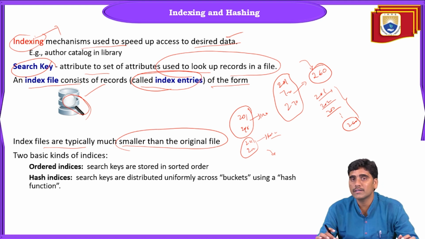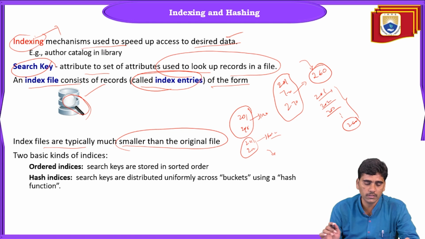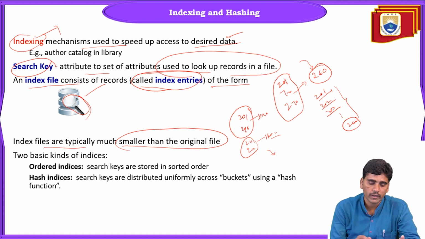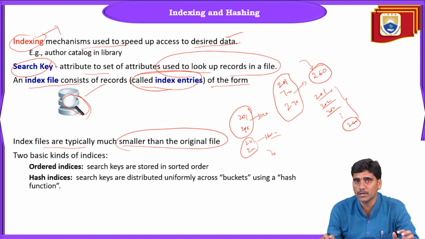After creating those indexes, they can have the search key, and with that search key all the files will be looked up. Index files are typically much smaller than the original file.